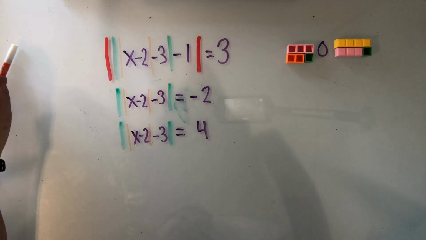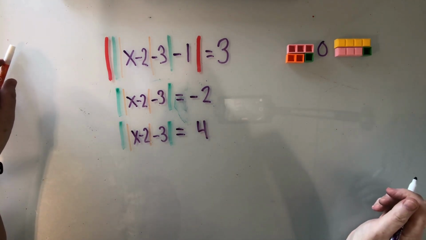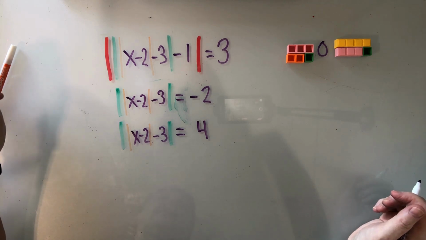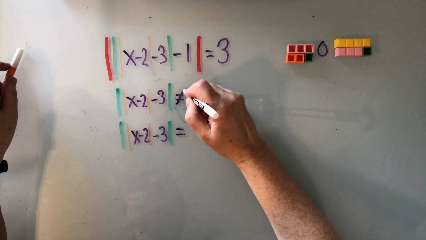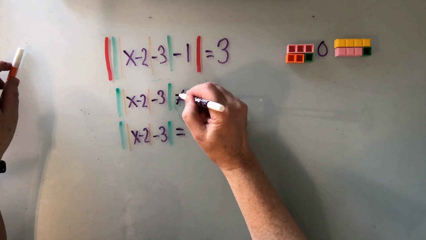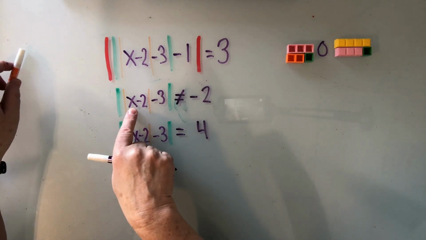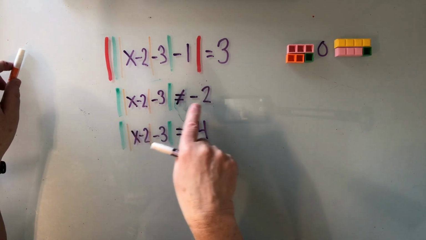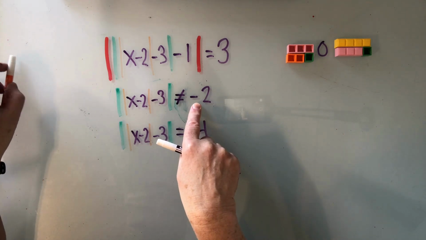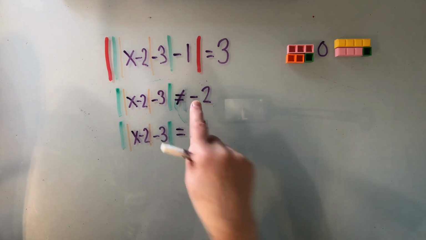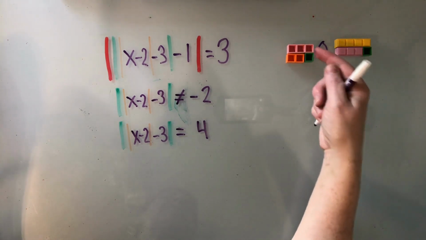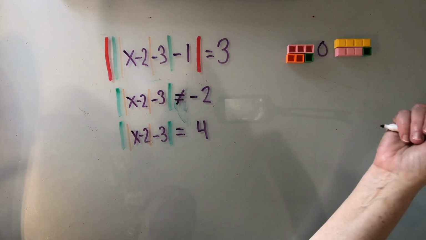Now, we don't count measurements in negative, so we can eliminate this right away. We don't even have to look at it because there's no value of x that I can put in here that will pop out an absolute value of -2 because we don't count steps from 0 in negatives. We might go in the negative direction, but it's still just 1, 2, 3 steps from 0.